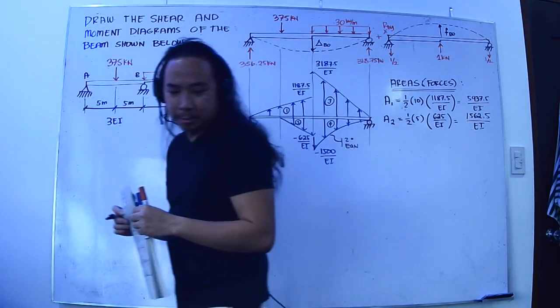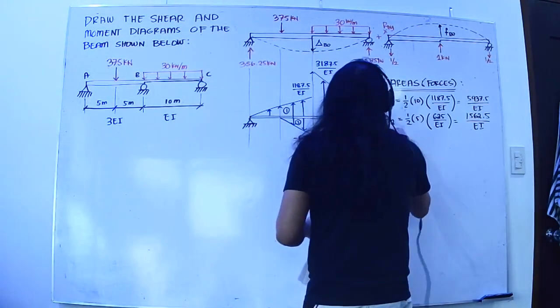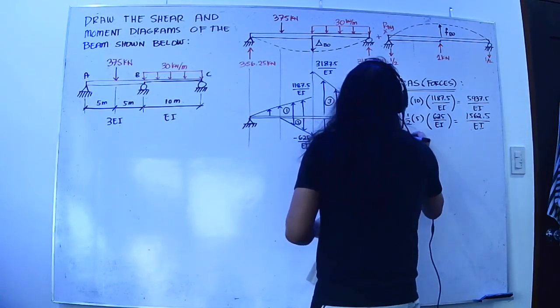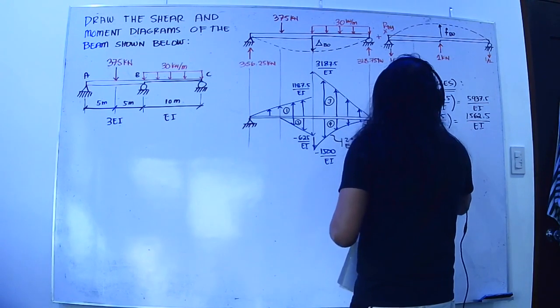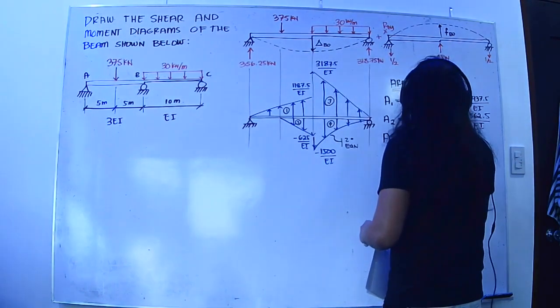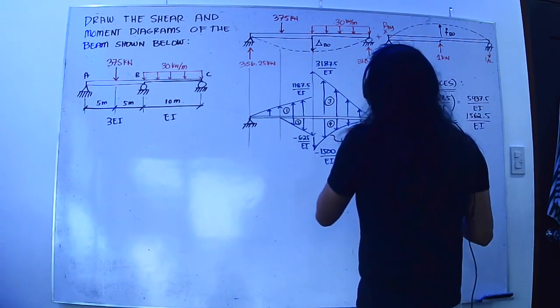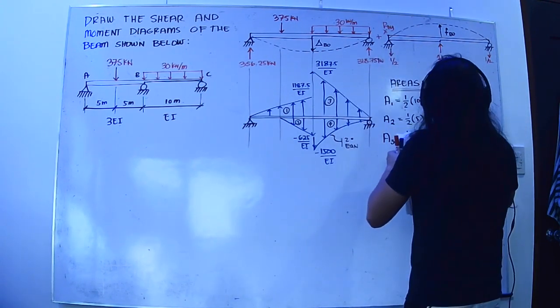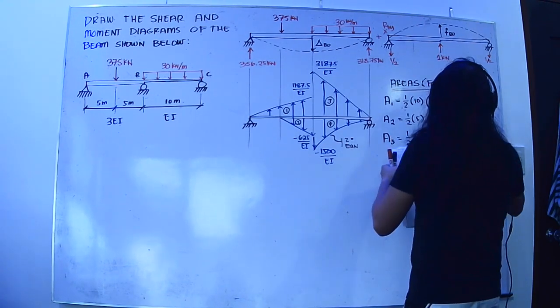Next is A3, another triangle. The base is 10 and the height is 3187.5 over EI, and that will be equal to 15937.5 over EI.